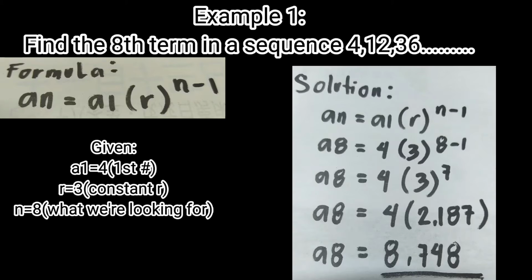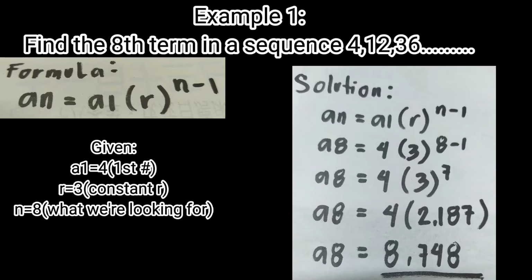Our first number, times R, our constant ratio, which is 3, raised to, what is our n? 8, that is the term we're looking for, minus 1. Then A8 is equal to 4 times 3 raised to 8 minus 1 is 7. And then A8 is equal to 4 times, what is 3 raised to 7?